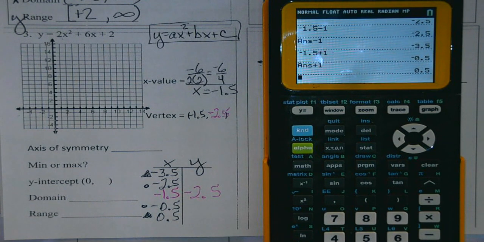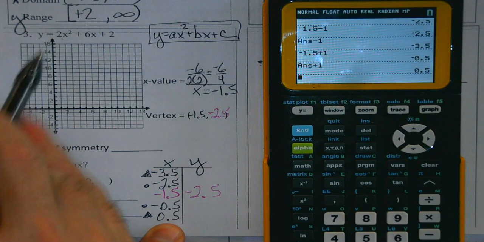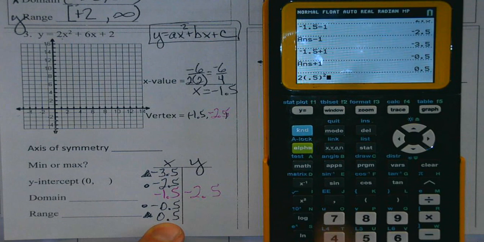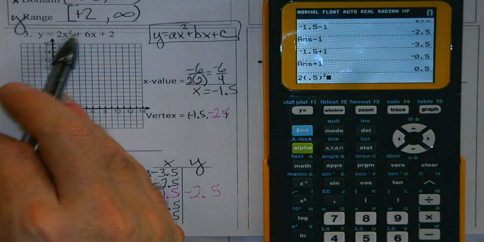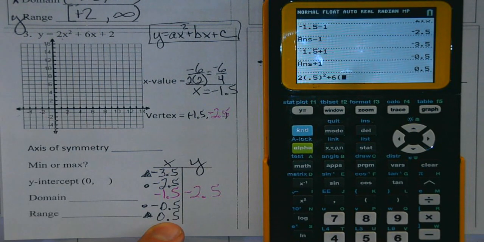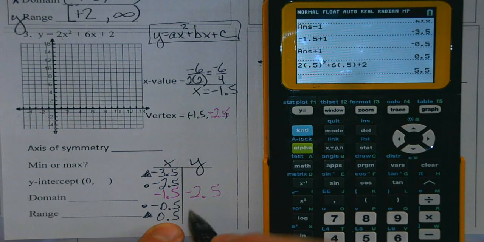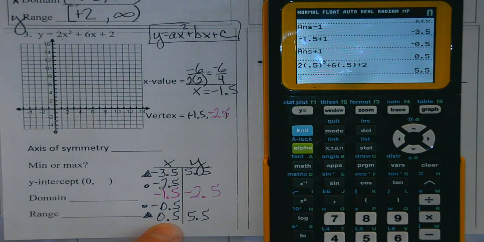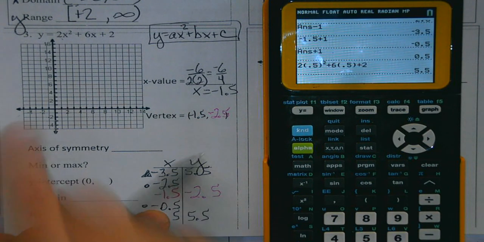So, pick a value. Okay, I picked this 0.5. Plug in the x value. Again, I still got to be careful, make sure I'm getting my squared there. And then do it for one of my ones with a little circle. So I'm just going to use negative 0.5 here.